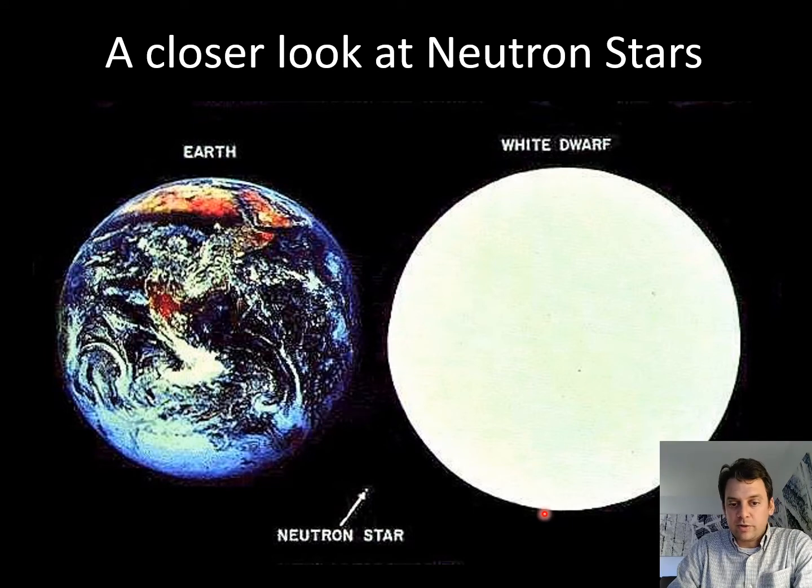A neutron star is much, much smaller than either the Earth or a white dwarf, and so the densities, as you might imagine, are correspondingly mind-bogglingly large. It really is hard to wrap your mind around how dense it is, because a neutron star has, basically, the density of a nucleus. It can be more, but it's on the order of the density of a nucleus.